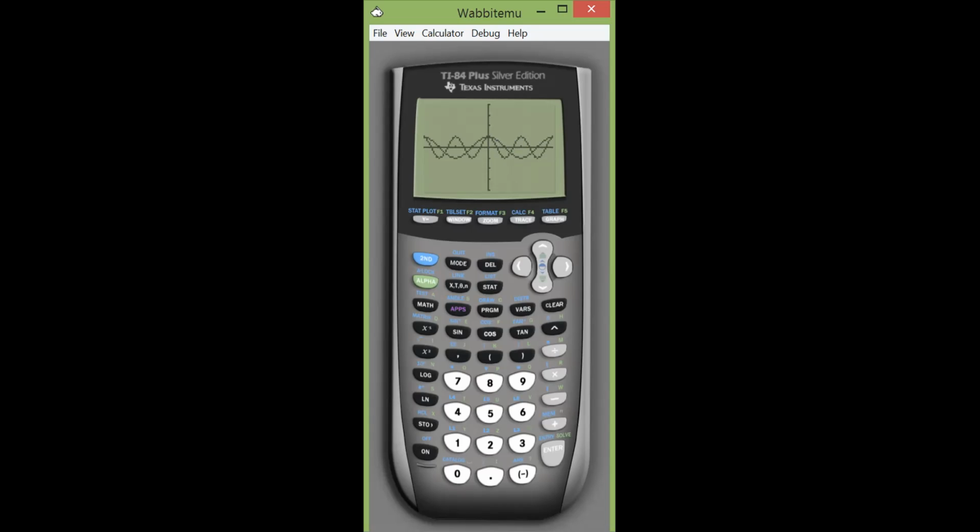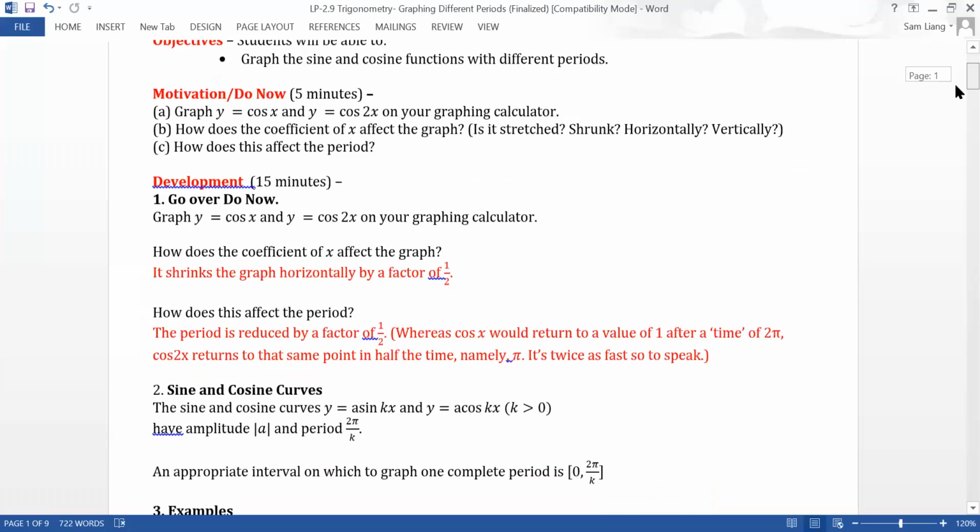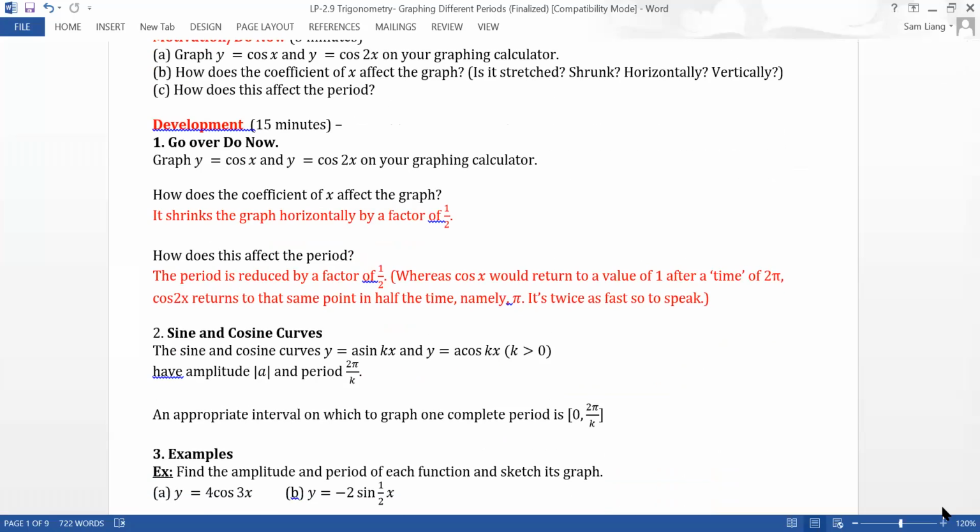And then how does this affect the period was the last question. But the period is halved also, okay? So the coefficient of x affects the graph by shrinking it horizontally, and then the period is halved also. But let me show you the answer so you can see the actual wording. I'll zoom in just a bit.